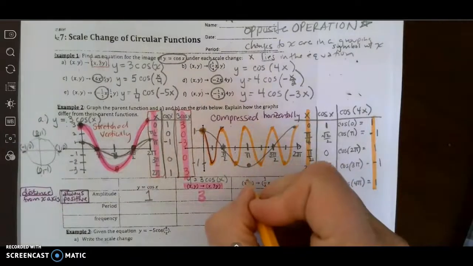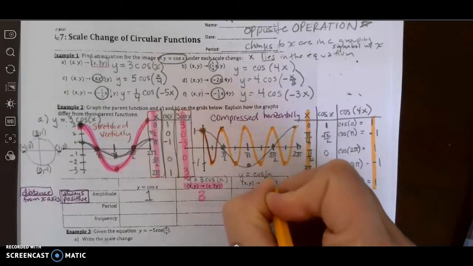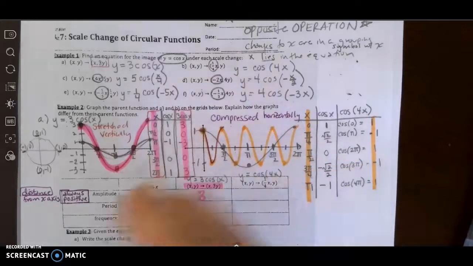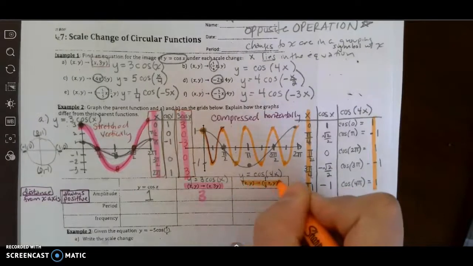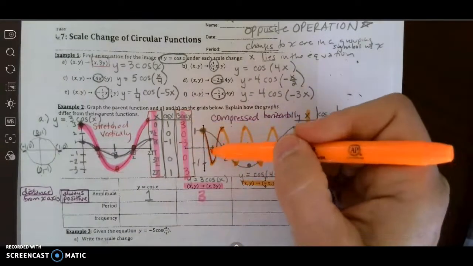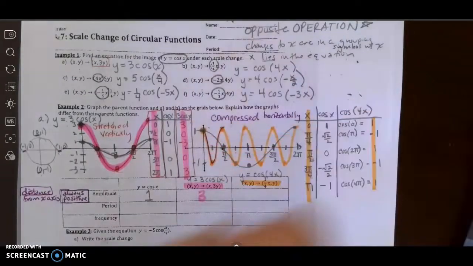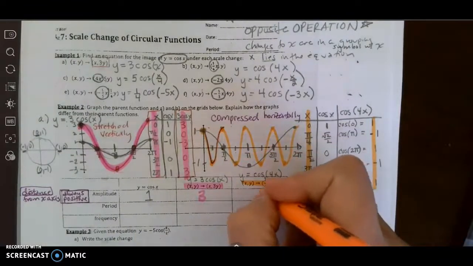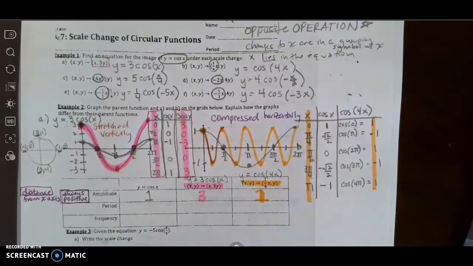Now, in my y equals cosine of 4x, this is my orange one. I am 1 up or 1 down. I never go farther than 1 up or 1 down, so my amplitude is still 1.